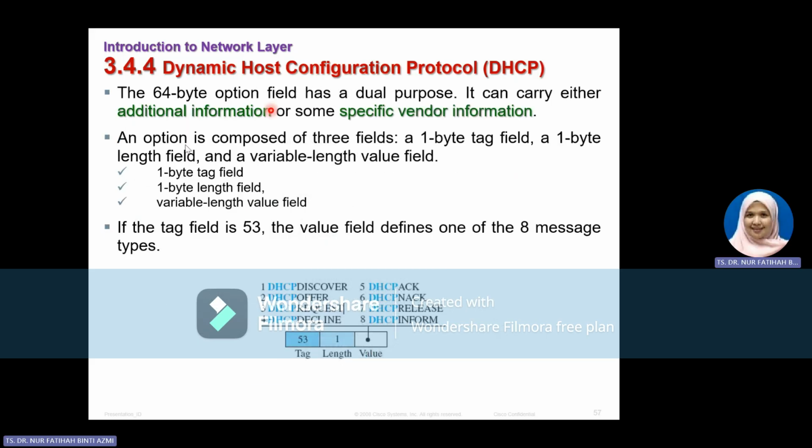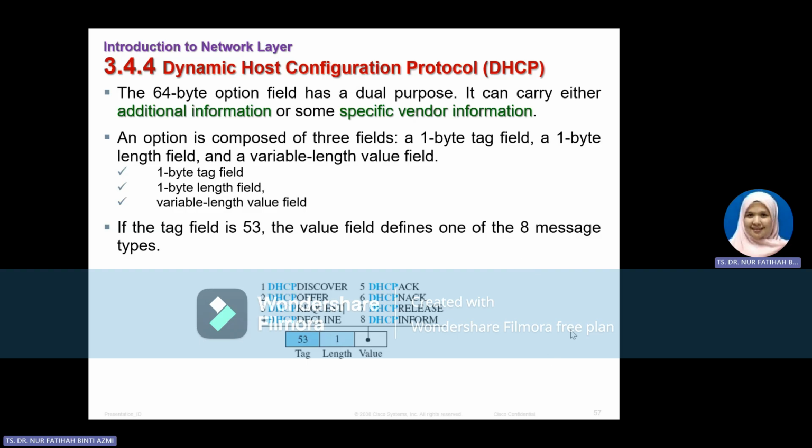Previously we discussed how DHCP assigns the IP address automatically. Now we will look into what the 64-byte option field is.